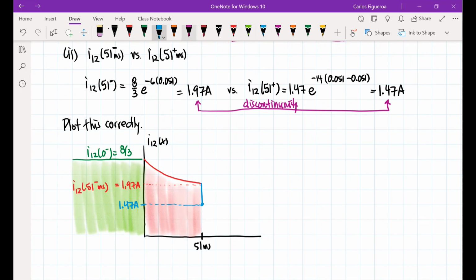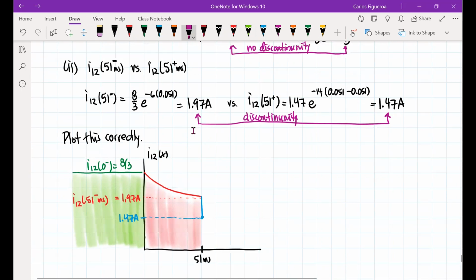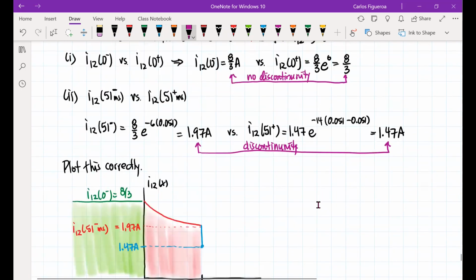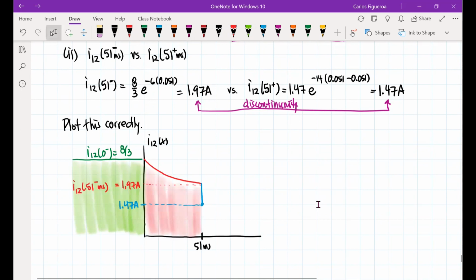So because I have that value here, now note that when we looked at the time constant, this is a higher time constant. So now it's going to decrease even faster. So then there's going to be a decay that's even faster, and it's going to follow this path right here.